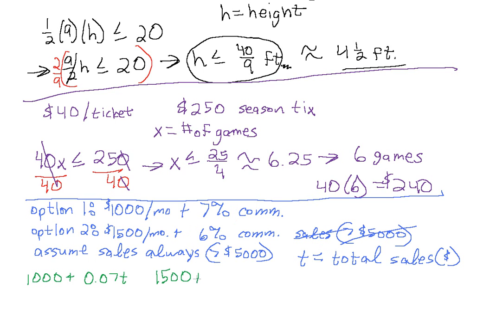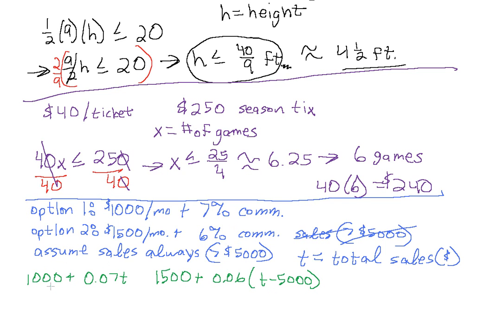We have $1,500 of a base salary plus 0.06 times t minus $5,000. All right, this is t minus $5,000 because we're assuming that the sales are always over $5,000, and in option two, we're only getting paid on the sales exceeding $5,000. All right, so that's kind of important.